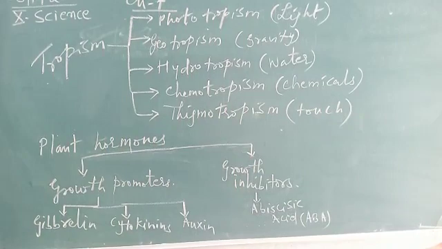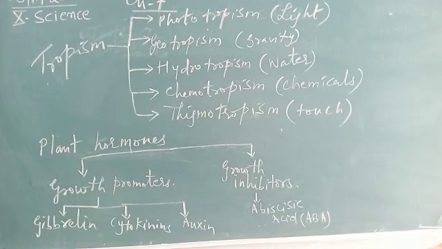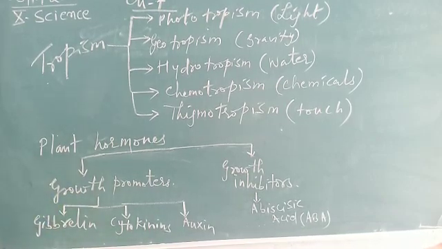Now here, first of all, we see phototropism. The movement of a plant in response to light is called phototropism. You know the definition. The stem always remains outside the soil and the root is inside the soil.